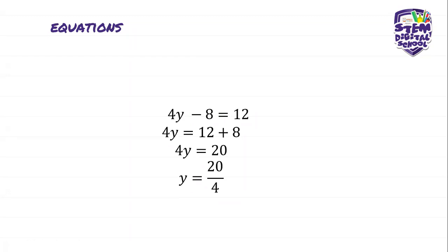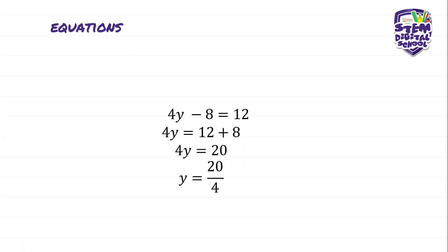So these are some of the concepts that you need to know when it comes to equations. So these are the fundamental principles. The reason why I'm emphasizing this is that there are learners who sometimes make a mistake of not changing the sign when you transpose a number from the left-hand side to the right-hand side. So please avoid making such mistakes.